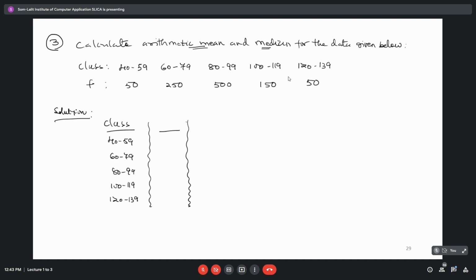You need to see the difference between these two. What's the difference between 59 and 60? That is 1. Get the midpoint, which is 0.5. So you need to subtract 0.5 from the lower limit and add 0.5 to the upper limit, and make them continuous. So it will be 39.5 to 59.5 and so on.